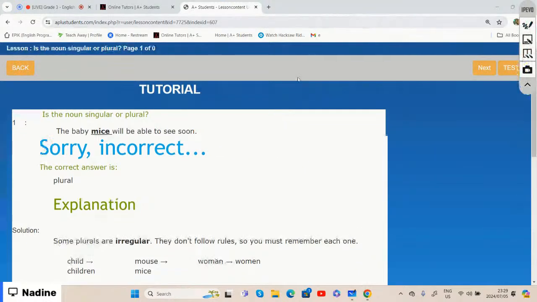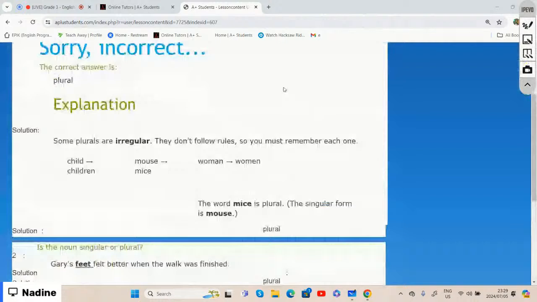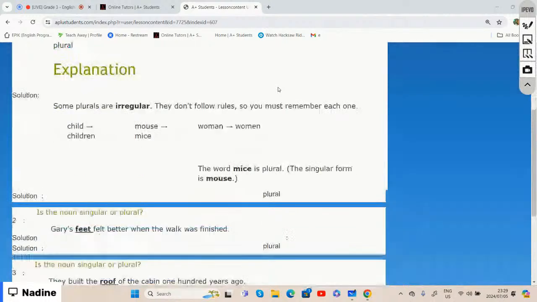All right, look at the next one, feet. Is feet singular or plural? It says Gary's feet felt better when the walk was finished. Is that singular or is it plural?